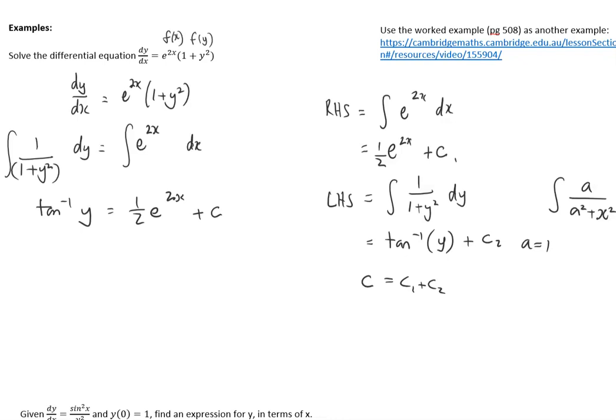So now we've found that, we have to express our function in terms of y. So that's going to be y equals tan of 1/2 e to the 2x plus c. And that's our equation in terms of y.